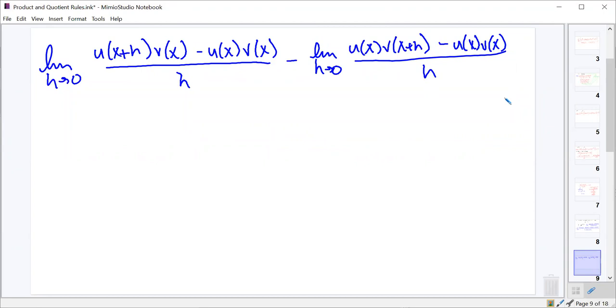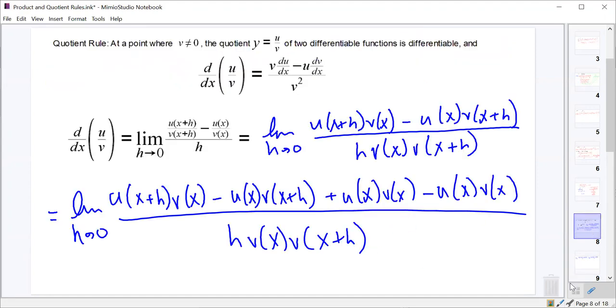And then what have I left out of all of this? The denominator. I forget what was in there, but it had a v of x and a v of x plus h, right?